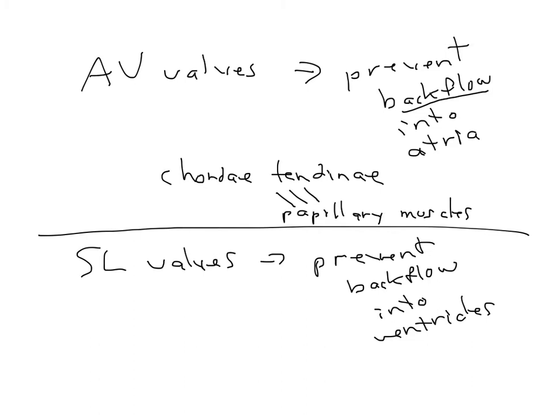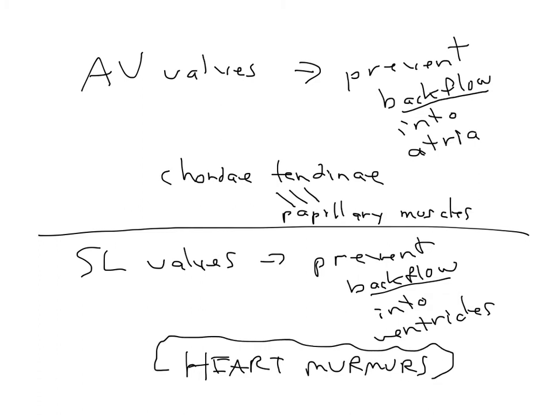Recall that defects in the valves in which there is some backup of blood leads to heart murmurs, which are detectable with a stethoscope usually. And that's your valves. Okay, the EKG.